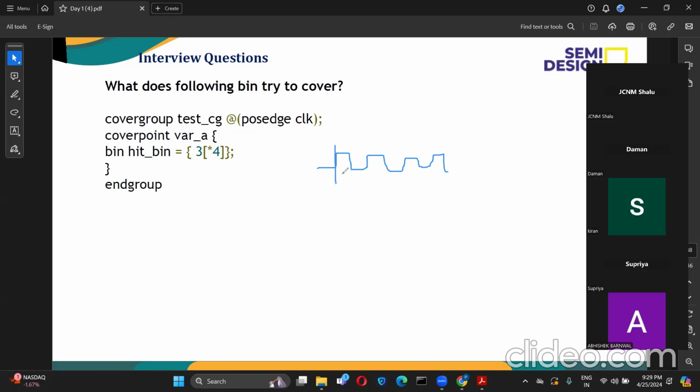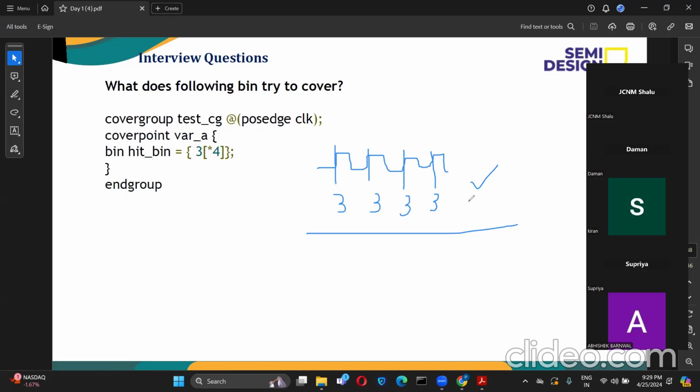So here, consecutive clock cycles means in this entire simulation, the 3 should be repeating at successive clock cycles. Here the value is 3, and then here the value is 3, and here the value is 3, and here the value is 3. So this way it works. But this operator is the consecutive repetition operator.